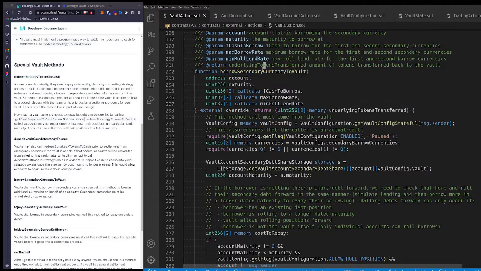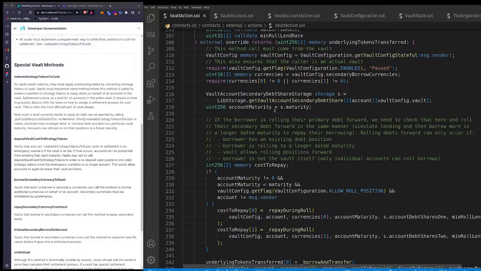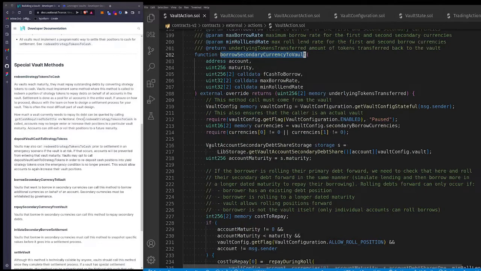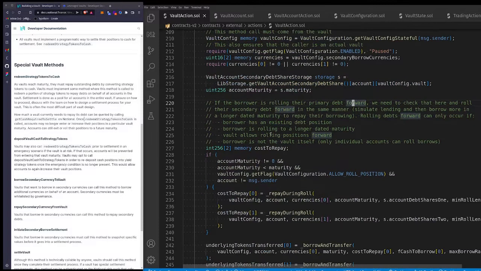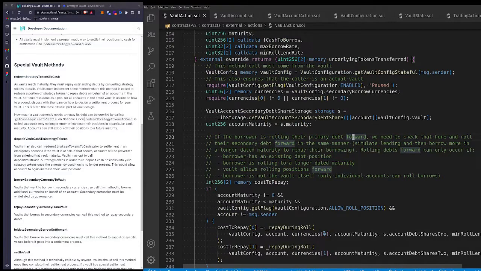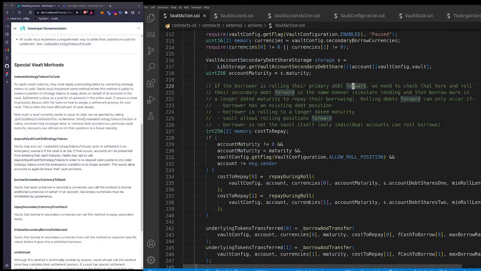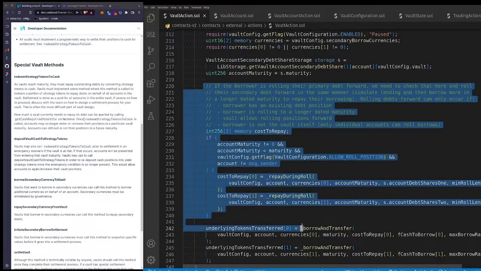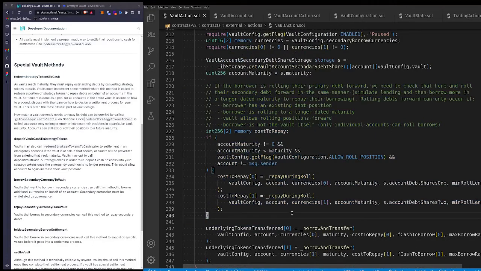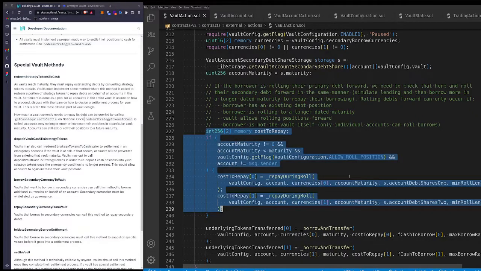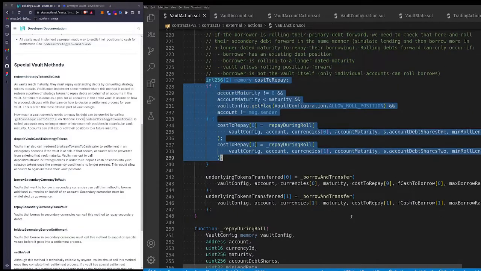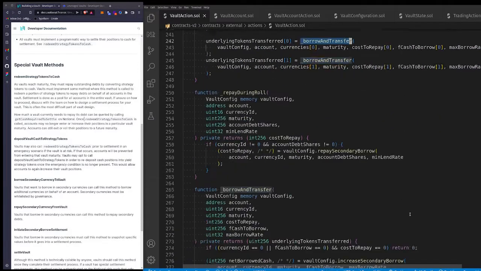So the vault is going to call this borrow secondary currency to vault method, and it'll execute the borrow accordingly. Now there is the condition where these debts may need to be rolled forward. So we detect that here, and we roll that position forward.